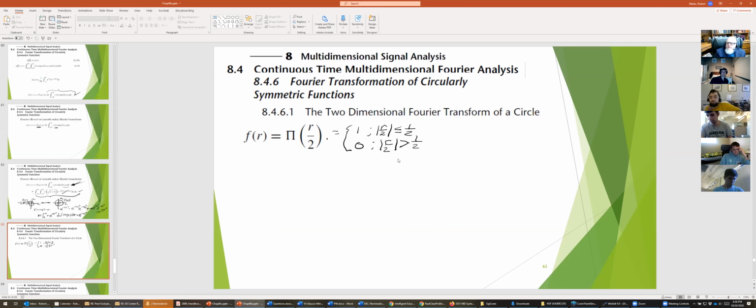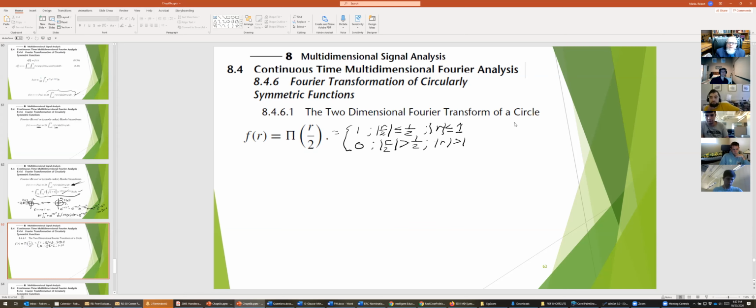Remember, that is the definition of the rectangle function. Well, this is the same thing as saying that the magnitude of r is less than or equal to 1. Of course, r can't go negative in polar coordinates. R is always positive. And over here, we have the same thing if r is greater than 1.